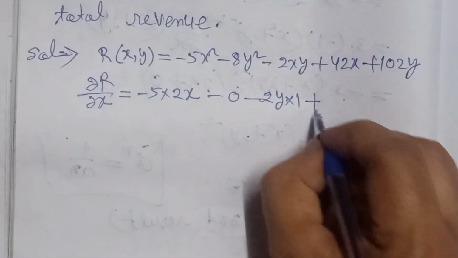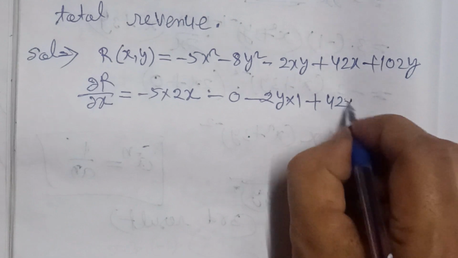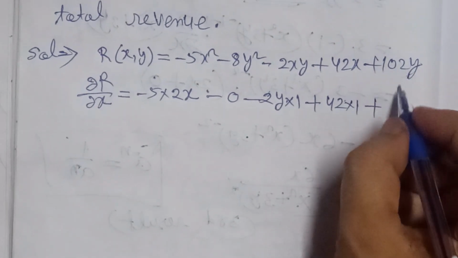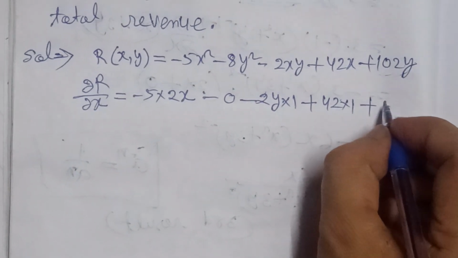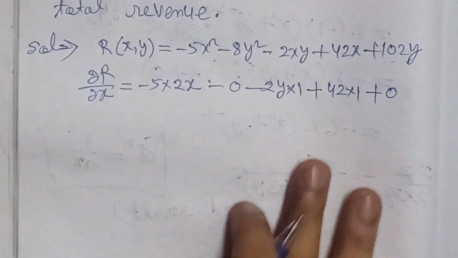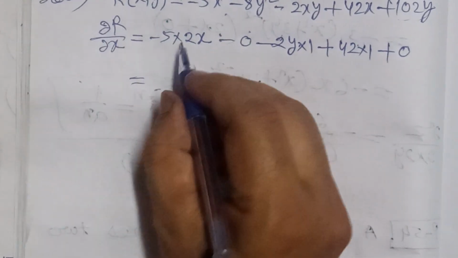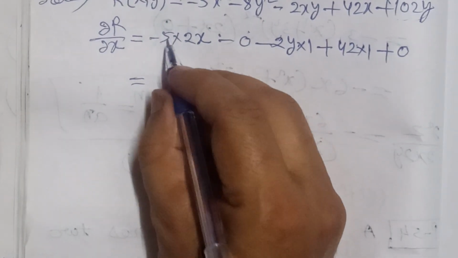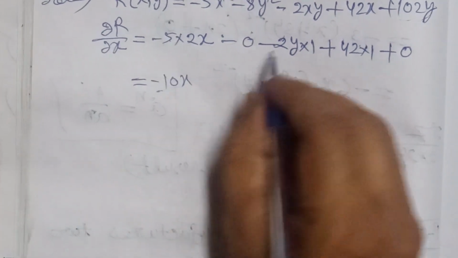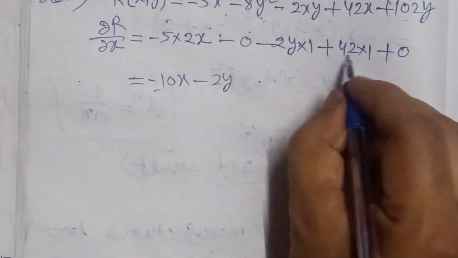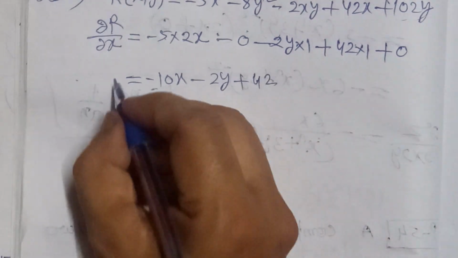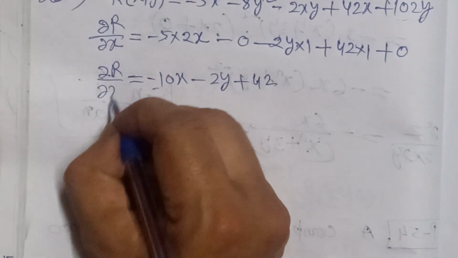Differentiation of 42x is 42 into 1, and differentiation of 102y with respect to x is 0. In simple form, del R over del x is 10 minus 10x minus 2y plus 42.